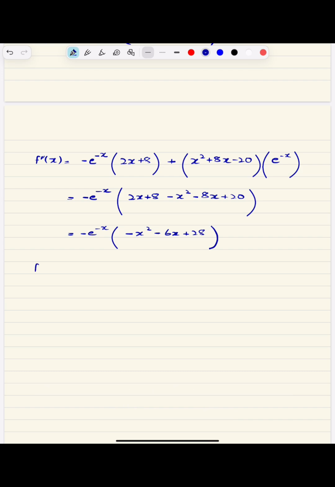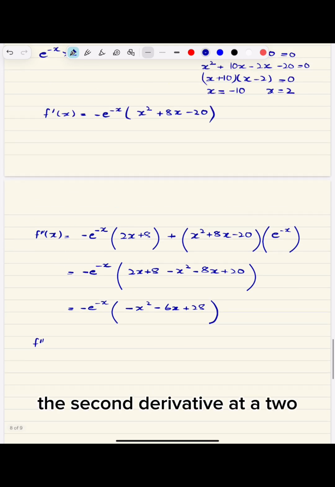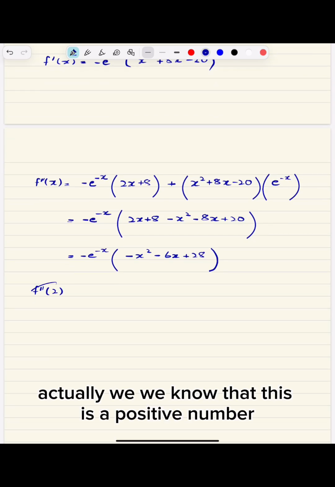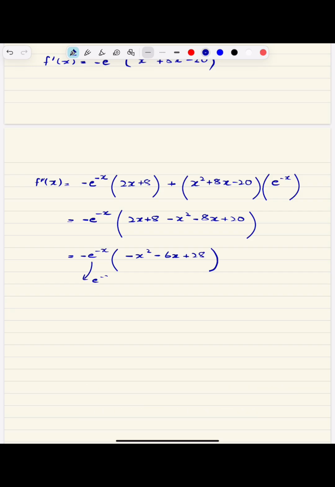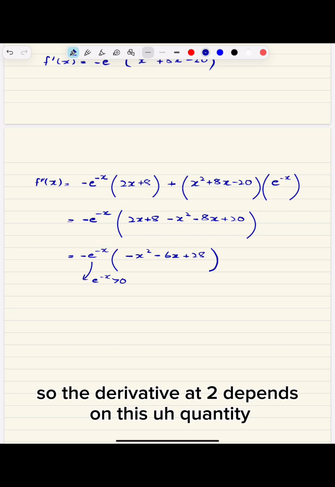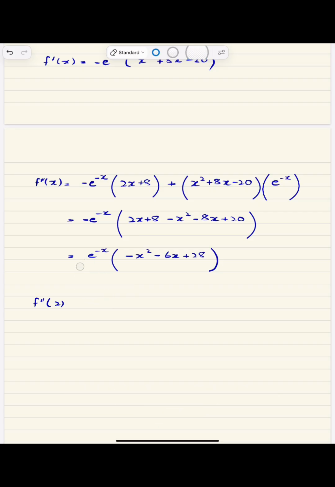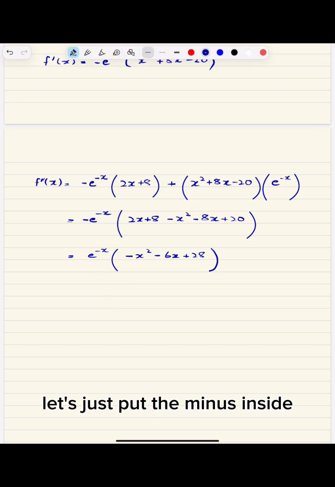Okay, the second derivative at 2. Actually, we know that this is a positive number, right? So the derivative at 2 depends on this quantity. So let's just multiply it, the bracket, let's just put the minus inside, so it's going to become easier.